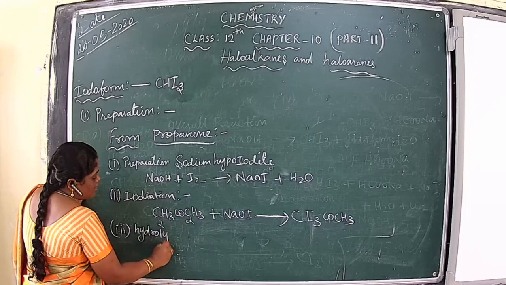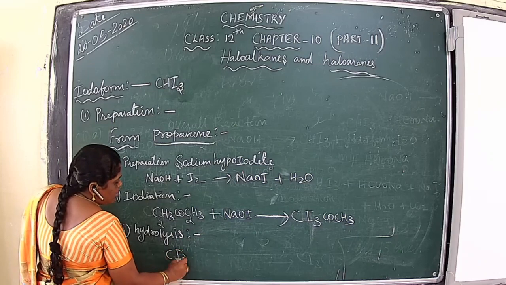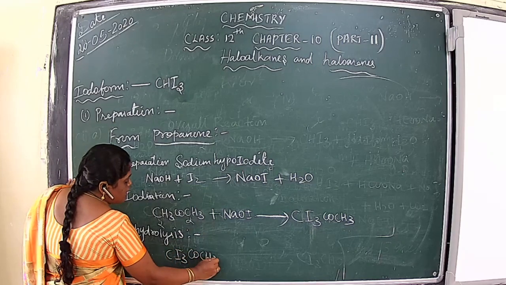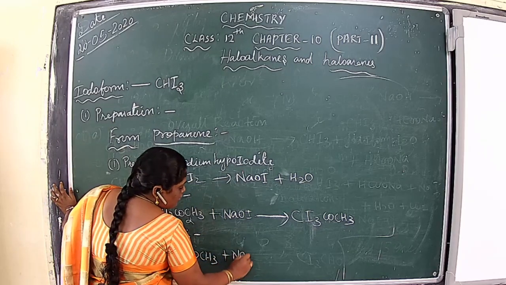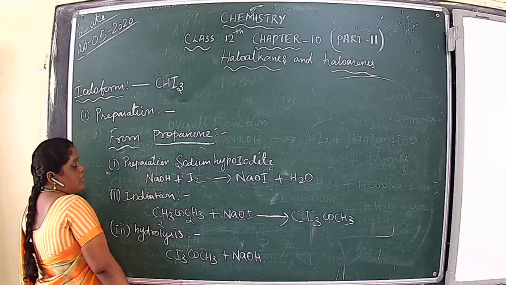Hydrolysis with NaOH. So CI3COCH3 plus NaOH. This NaOH is used for the cleavage of the carbon-carbon bond.